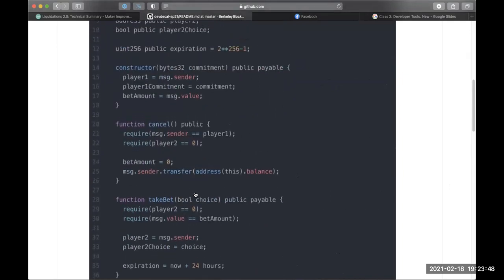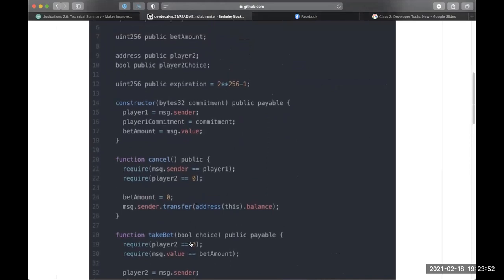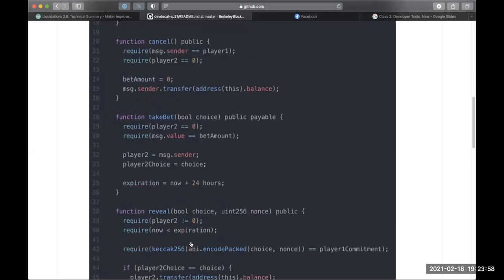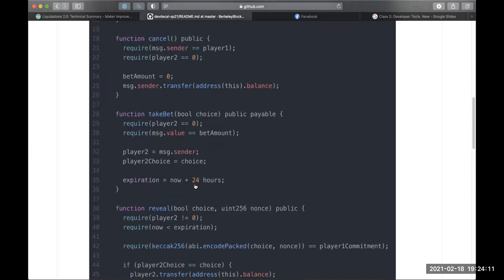Payable works in this scenario because these are the two functions that receive the message and they add the Ethereum to the balance of the contract. In the case of cancel and reveal, you're transferring money away, so you don't need payable. But you need payable if the contract is receiving money from the players. I hope that answers your questions.